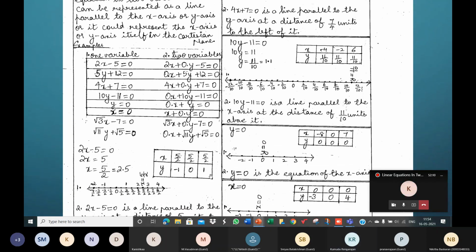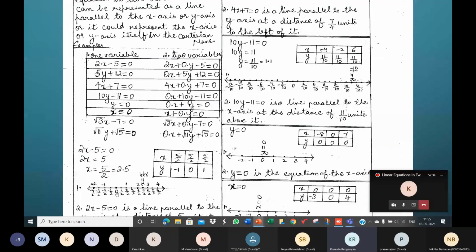Here, please see this portion. Follow the pointer. Look at this one: 2x minus 5 is equal to 0. On solving, we get x is equal to 2.5. Children, for now, don't look at this table. Just look below this number line: x is equal to 2.5, or x is equal to 5 by 2.